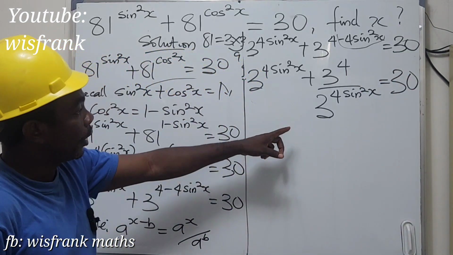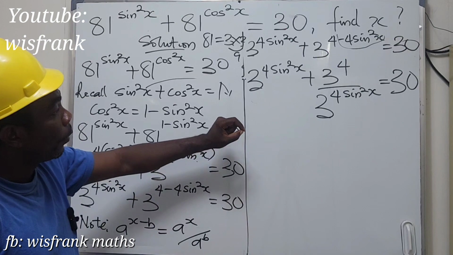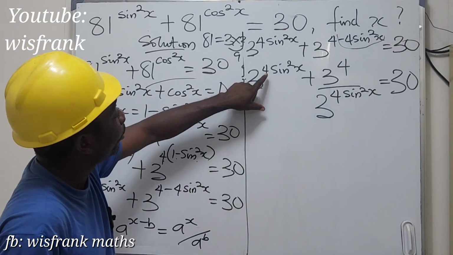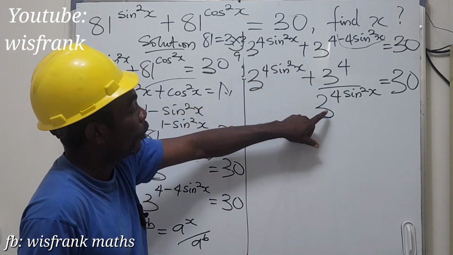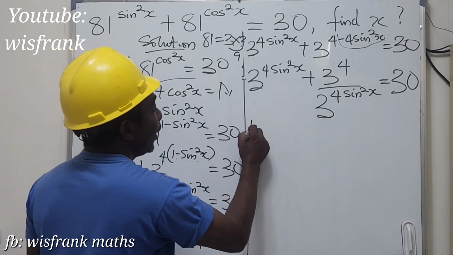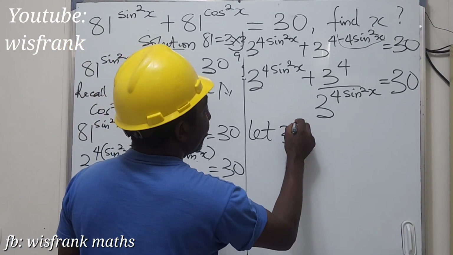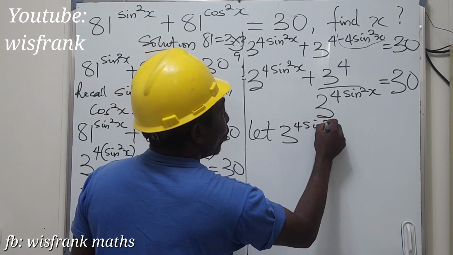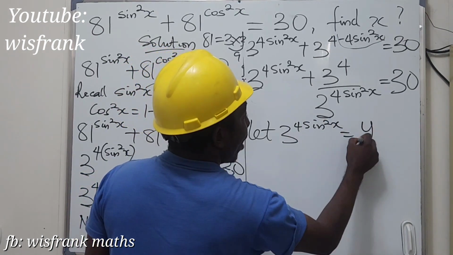So that is what it becomes. Now we can see that we have 3 to the power of 4 sine squared x and also 3 to the power of 4 sine squared x. So we can say let 3 to the power of 4 sine squared x equals y.